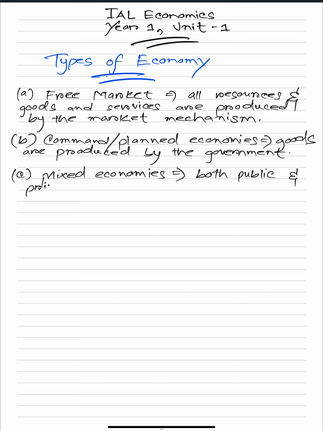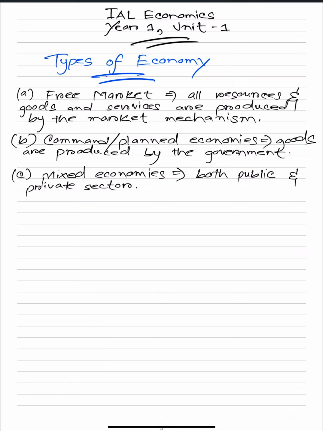So goods and services are provided both by the public sector and the private sector. So basically, the majority of the countries in the world right now are mixed economies. Some are command, some are totally free market, and each of these economies have their advantages and disadvantages, as everything else.